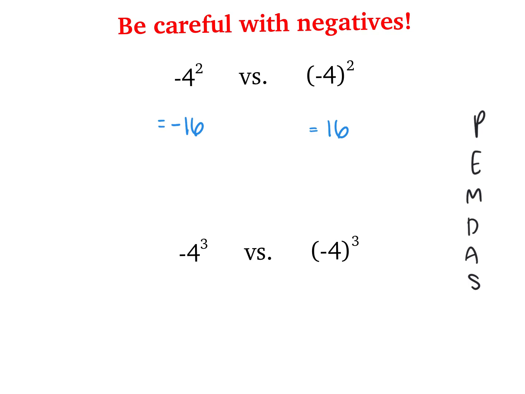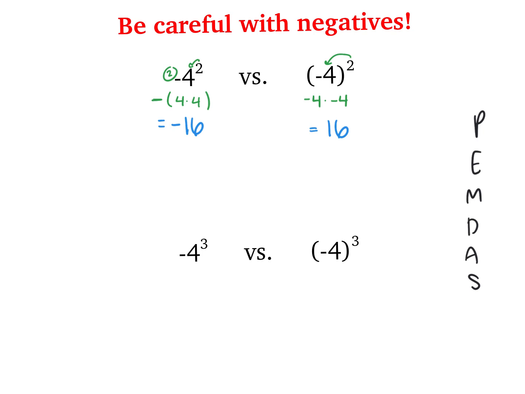Your calculator is evaluating the exponent first, so it's going to square 4 and then make it negative. Whereas in the second one, it's squaring the quantity of negative 4, so more like negative 4 times negative 4 versus the negative of 4 times 4.